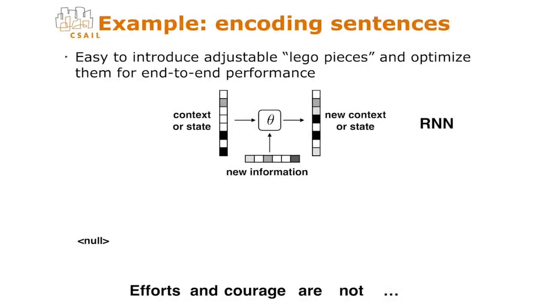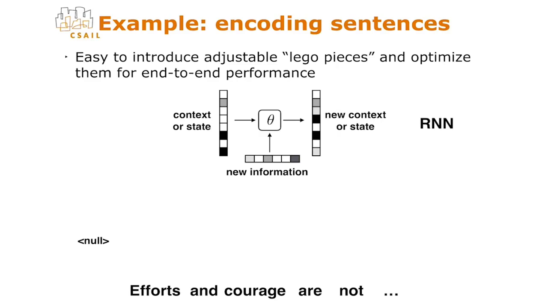Let's see now in a little bit more detail how we can turn a sequence into a vector using a parametric transformation, a transformation that we can then later adjust on the basis of what we wish to use the resulting vector for. We're going to be doing this by applying the same transformation in a sequence, trying to summarize or turn a sequence into a vector piecemeal, one word at a time.